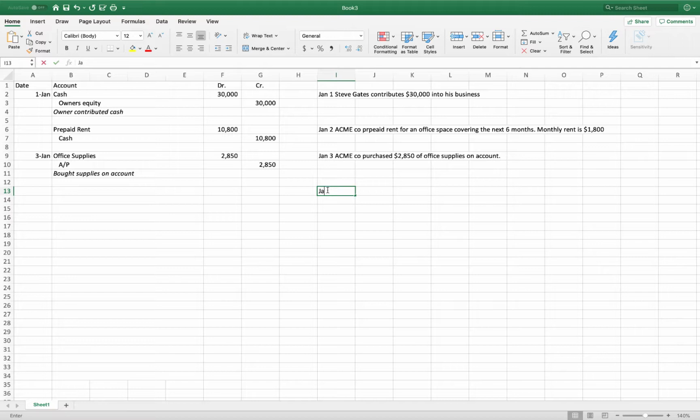So let's just say on January 4th, Acme Company obtained a 2-year bank loan for $36,000 by signing a note payable.